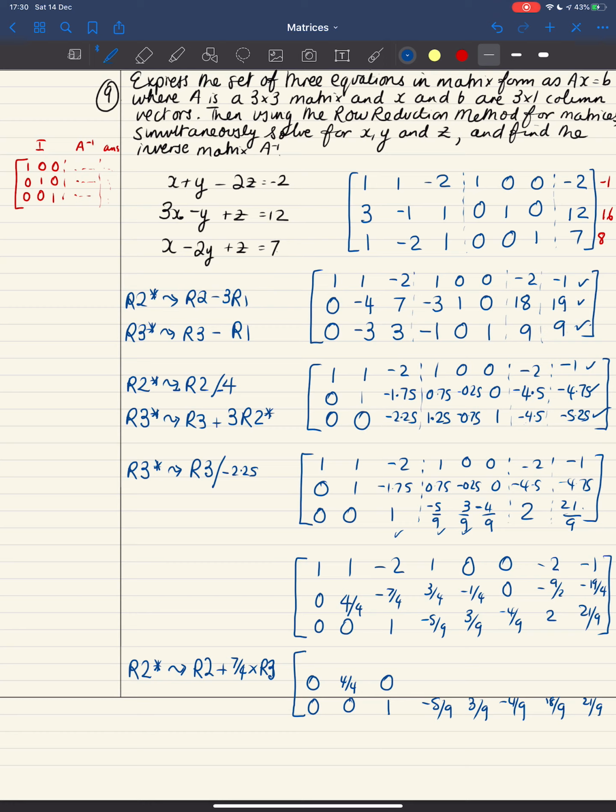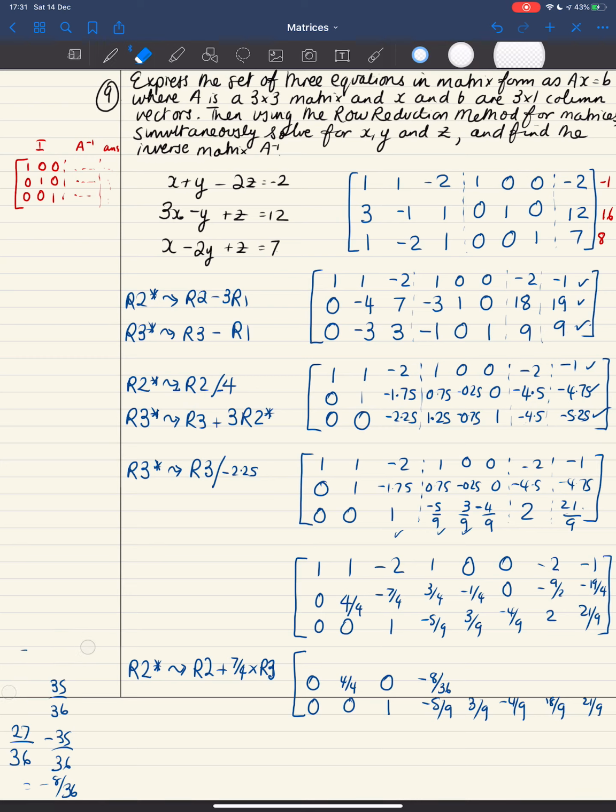We've got 3/4 plus 7/4 times minus 5/9. So it's 3/4 minus 35/36. So it's 27/36 minus 35/36, which is minus 8/36.